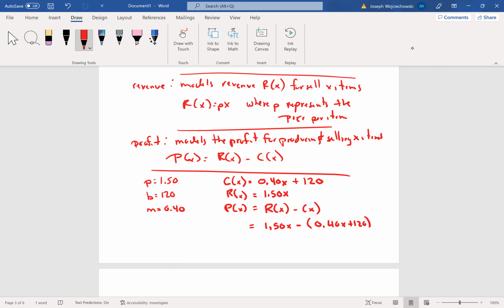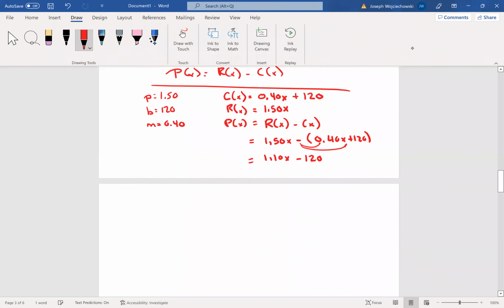Remember to distribute this negative to both. So now I have 1.50X minus 0.40X, 1.10X, and this becomes minus 120. So that's my profit function.